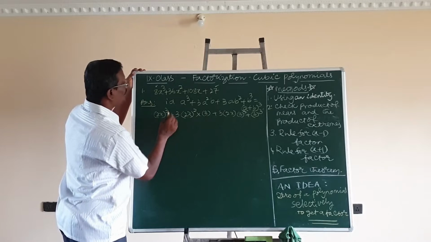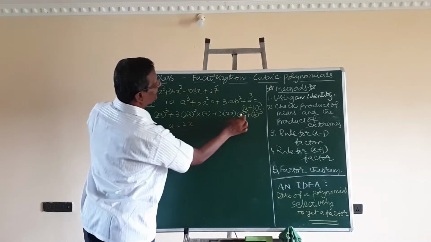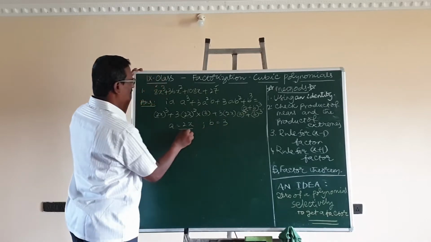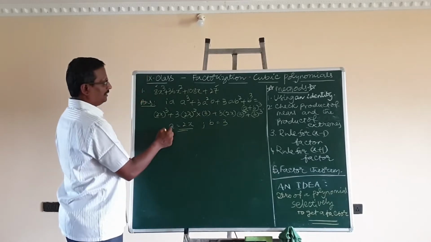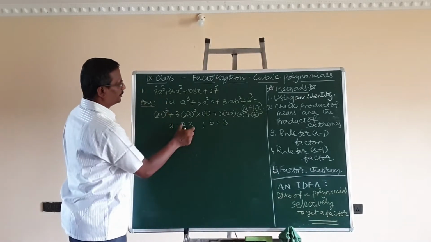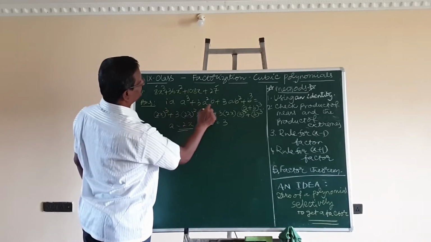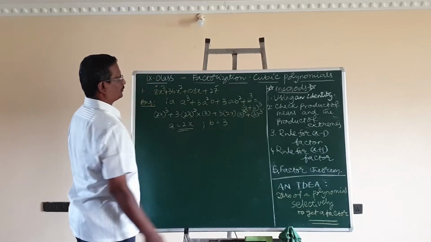Here, in place of a, we have 2x. In place of b, we have 3. The values are a is equal to 2x and b is equal to 3. A is from the identity, 2x is from the question, b is from the identity, and 3 is the value from the question.